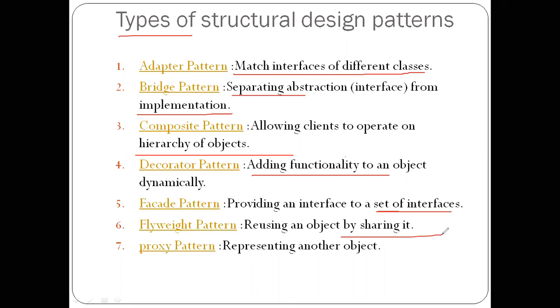How are we going to reuse one object? Through sharing only. So that's why these are flyweight patterns. And coming to the last one, the proxy pattern. This proxy pattern is about representing another object. This is the last one.